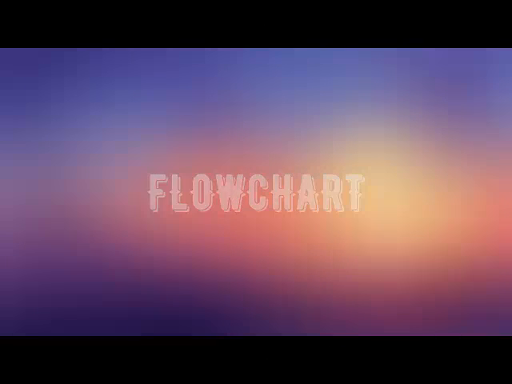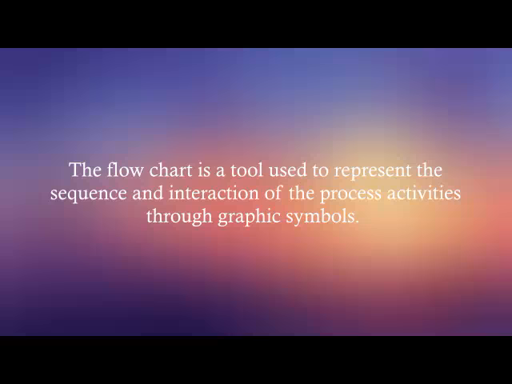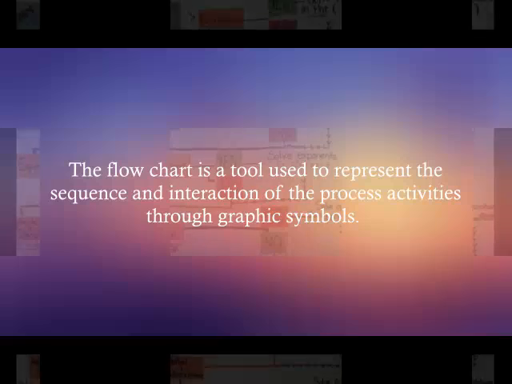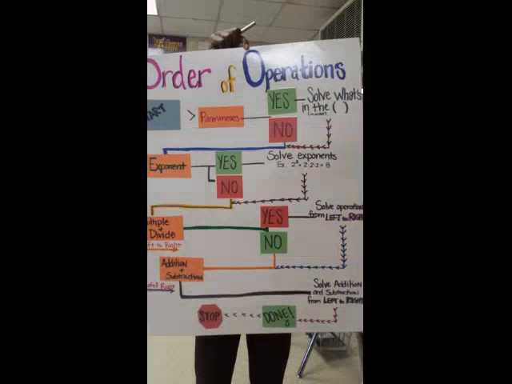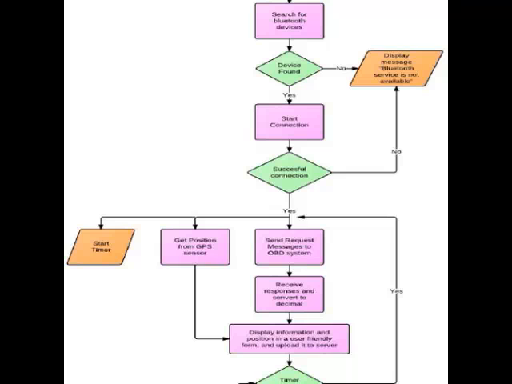Now we have flowchart. The flowchart is a tool used to represent the sequence and interaction of the process activities through graphic symbols. The symbols provide a better visualization of the operation of the process, helping in its understanding and making the description of the process more visual and intuitive.